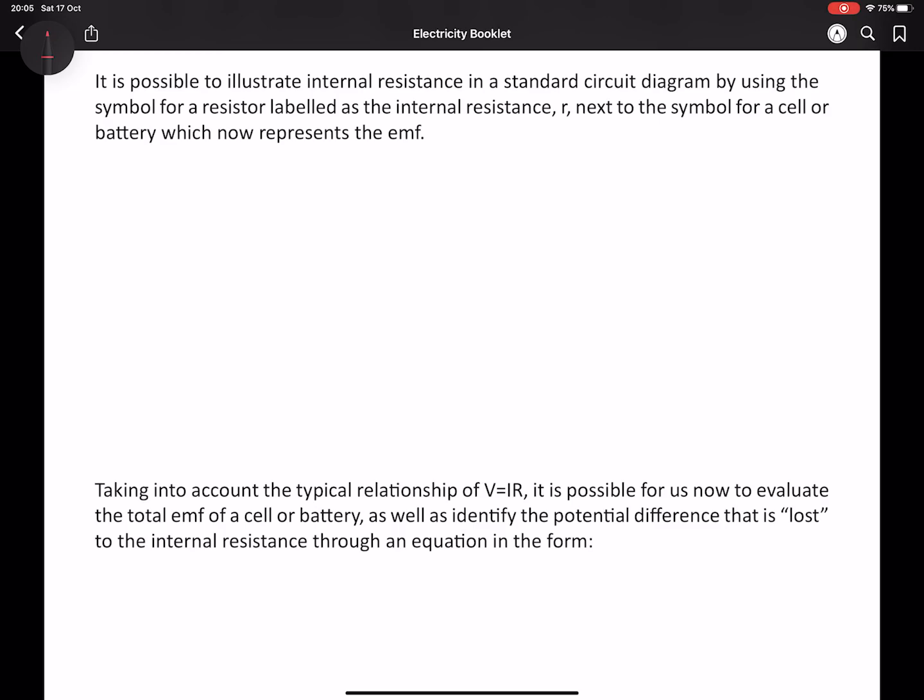So if we think of a circuit diagram first, we need to find a way to fully represent the difference between potential difference and EMF. So to do this, let's just start with a very simple circuit. In this circuit, all we're going to have is a single basic component.